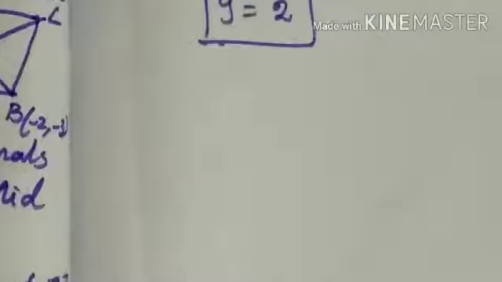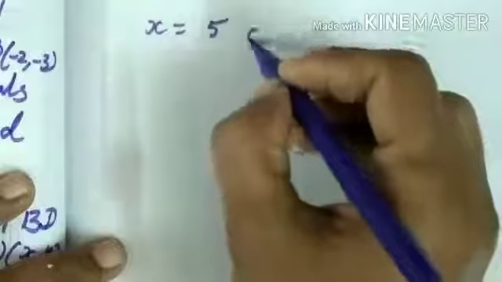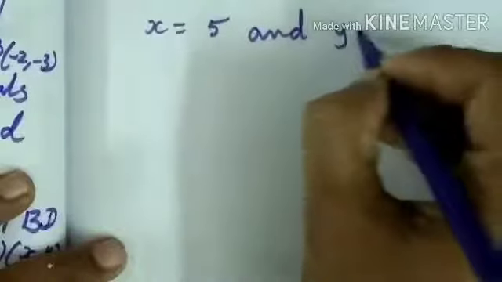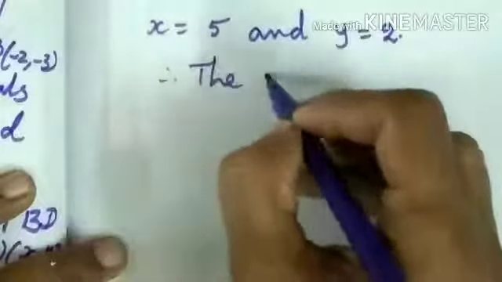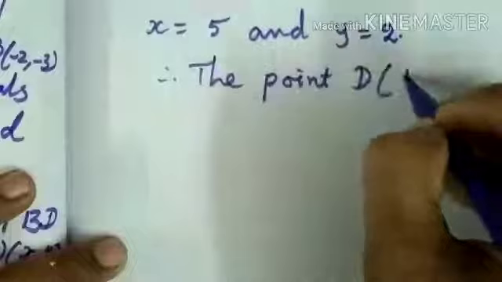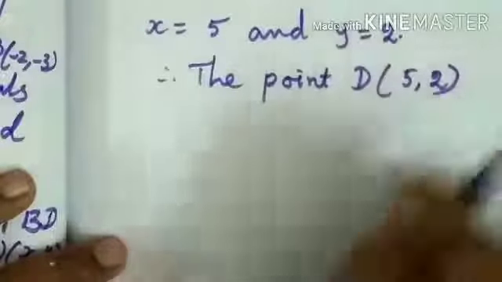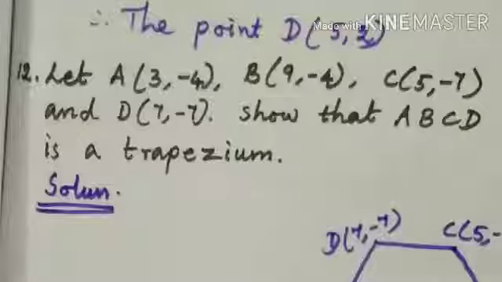Hence the value of x is equal to 5 and y is equal to 2. Therefore the point D is 5, 2. This is the answer for this sum.